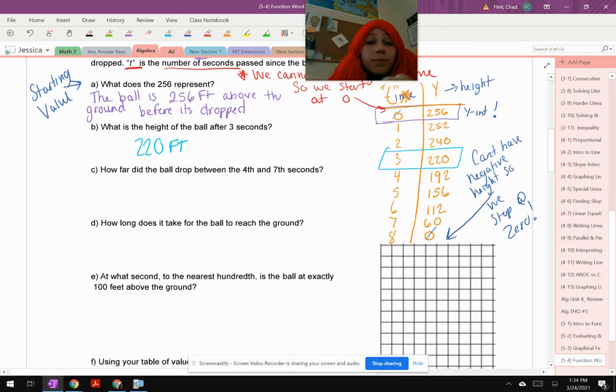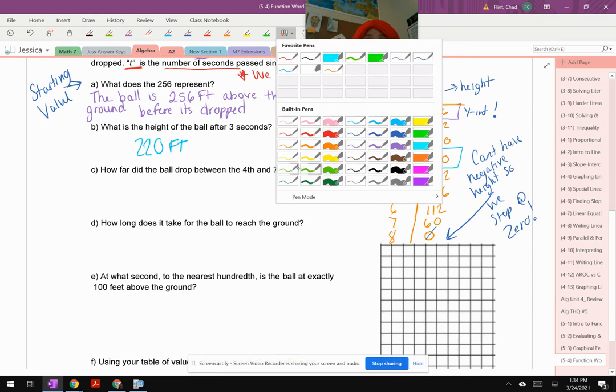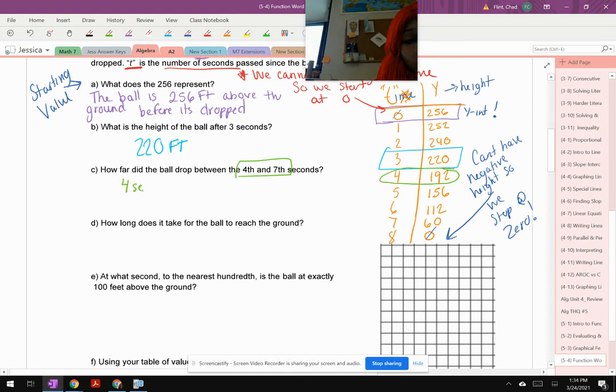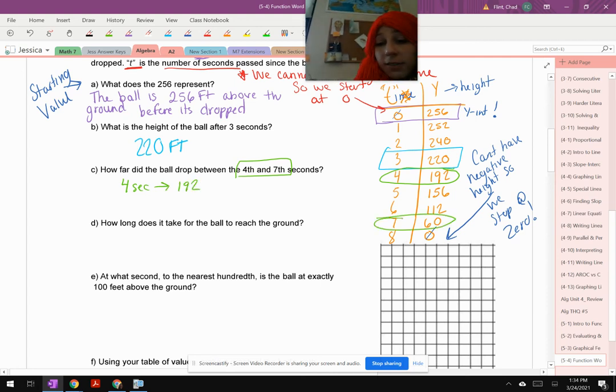Part C, how far did the ball drop between the 4th and 7th seconds? Well, at 4 seconds, it's at 192. At 7 seconds, it's at 60. So how much did it drop between those?